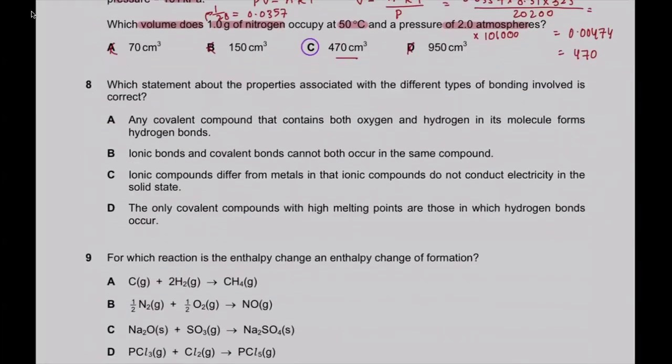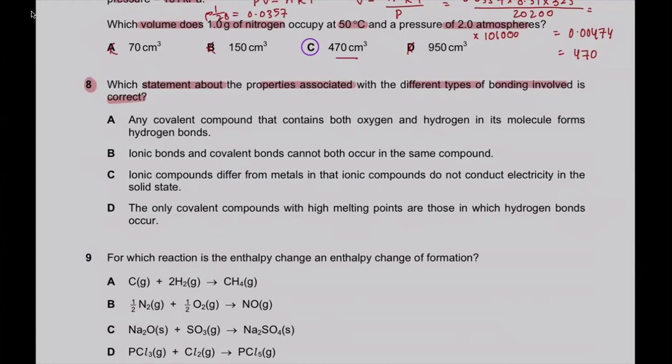Now, MCQ number 8, which statement about the properties associated with the different types of bonding involved is correct? Any covalent compound that contains both oxygen and hydrogen in its molecule form hydrogen bond?